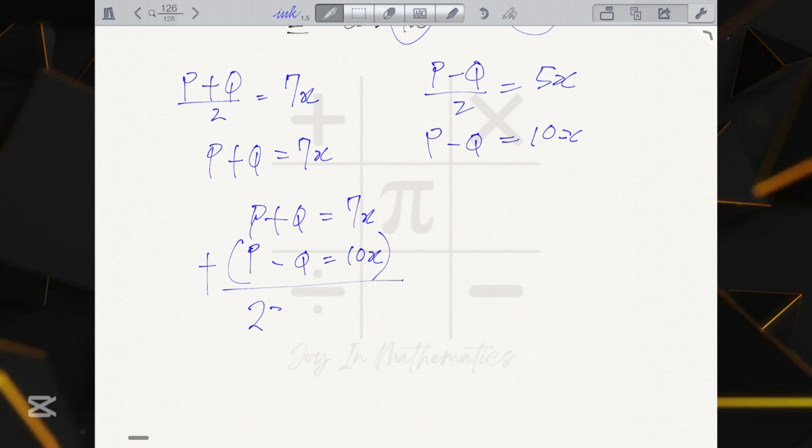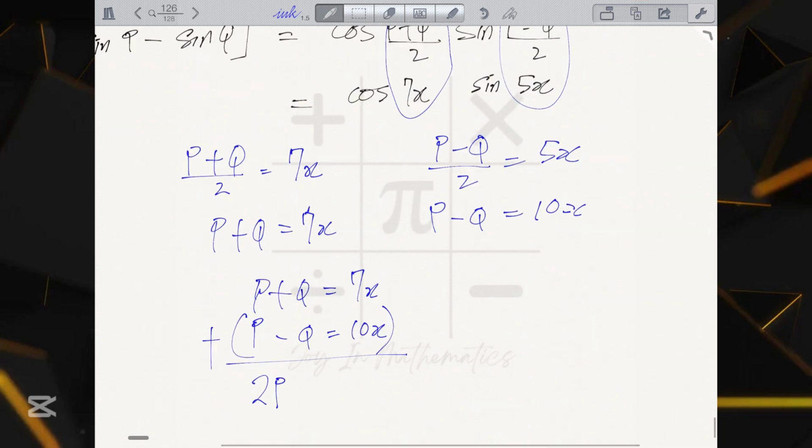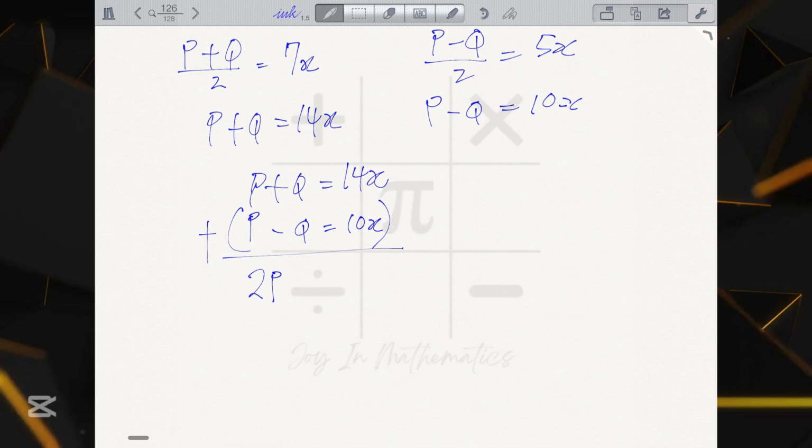This should be 14x rather. P plus q is 14x. Apologies about that. When we add these two equations together, we have 2p is equal to 24x.